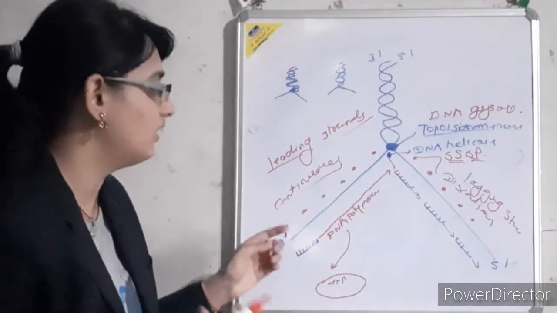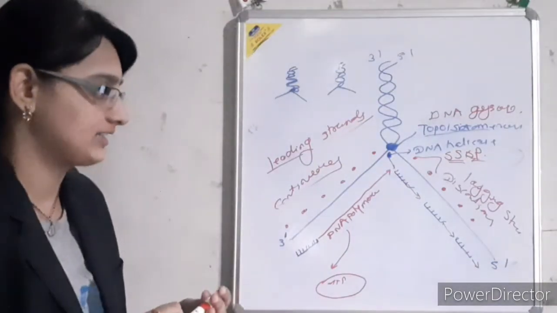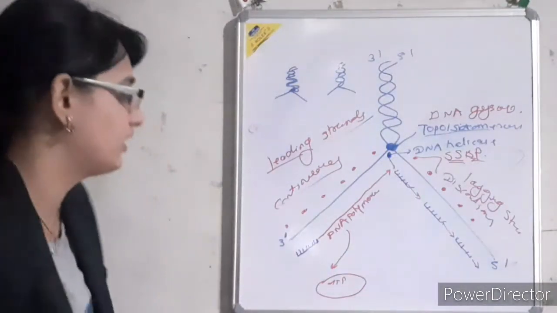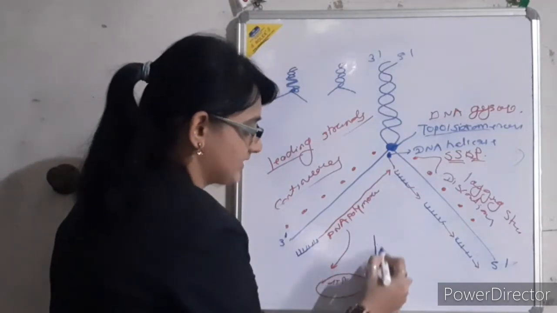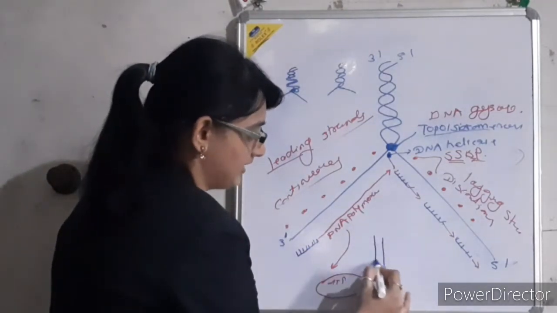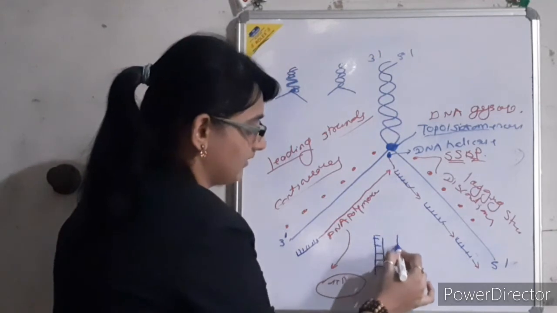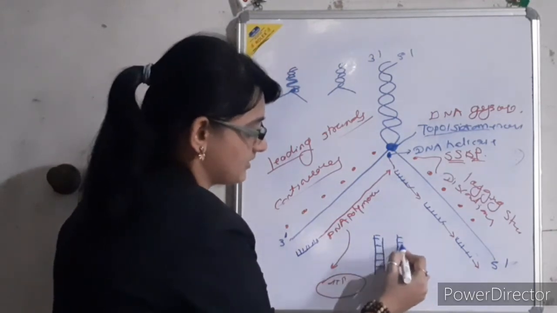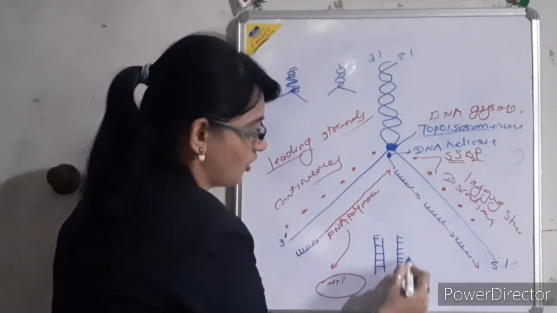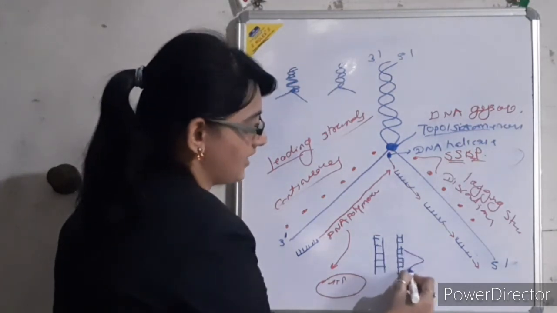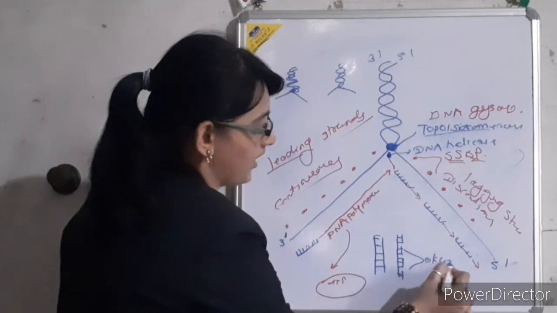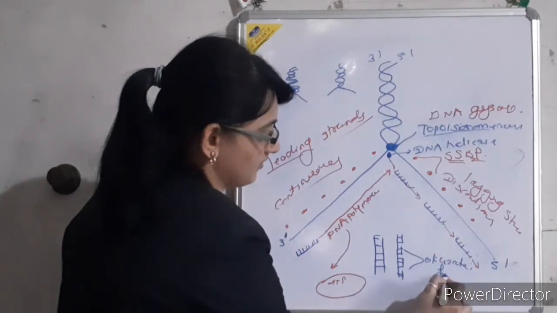Here you can see the leading strand is constructed continuously while the lagging strand is constructed in short fragments like this. These fragments are nothing but Okazaki fragments.